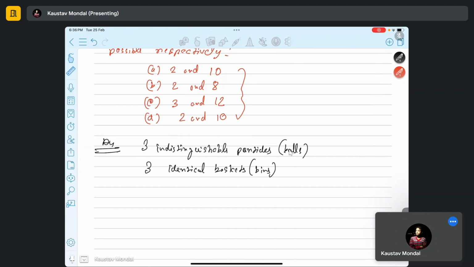Now calculate the number of possible macrostates and microstates.